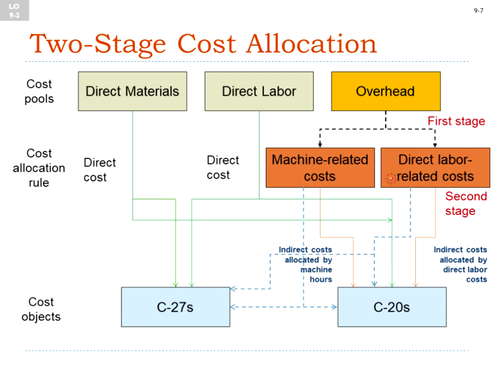So some of the costs are allocated by machine hours, and some of them are going to be allocated by direct labor costs. But we'll go through a problem like this in the questions in the homework.